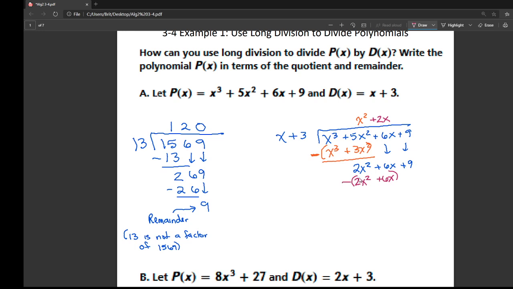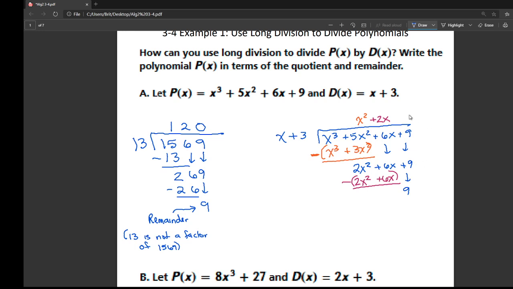And then I need to subtract that. So 2x squared minus 2x squared cancels out, and 6x minus 6x cancels out. So the only thing that comes down is this 9.